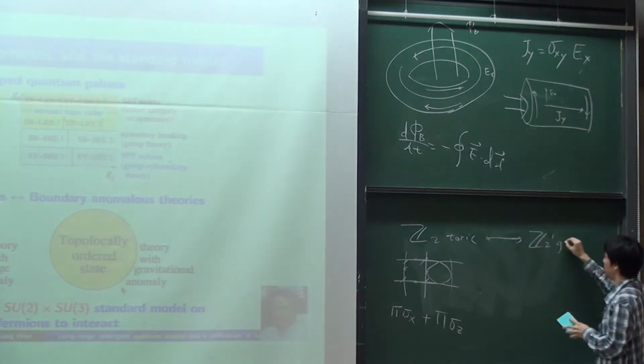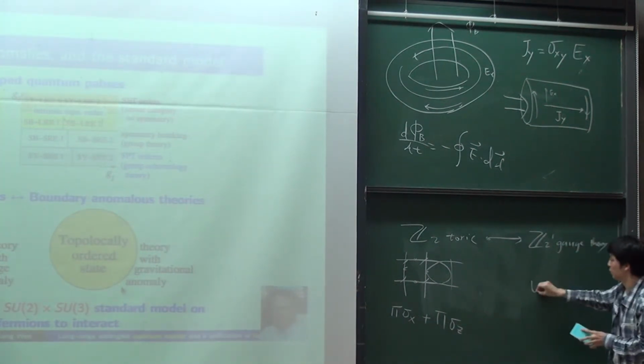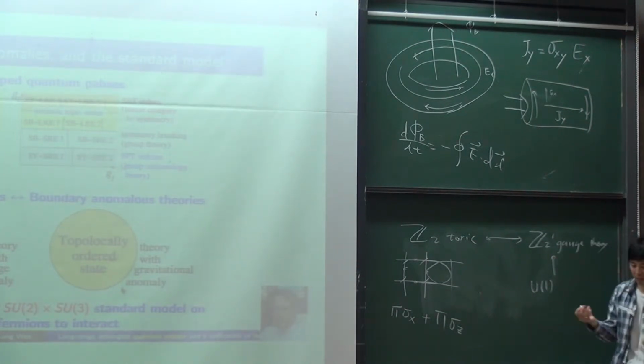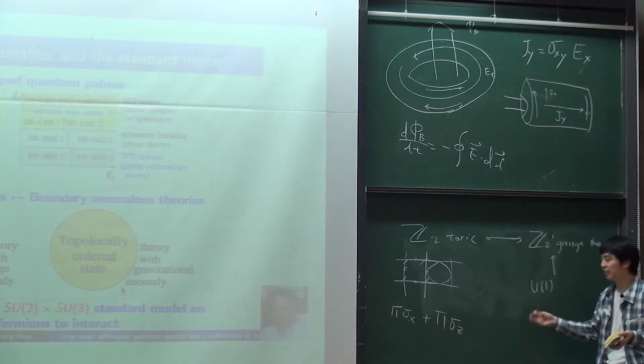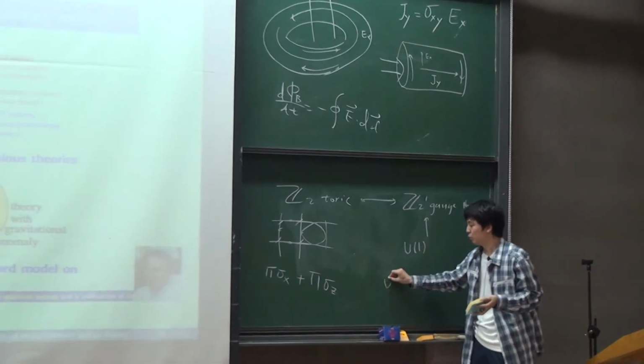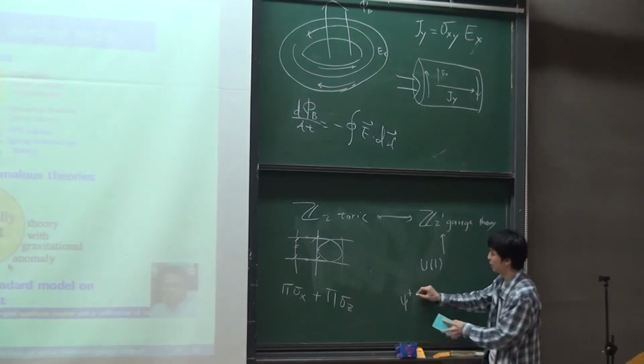And the Z2 gauge theory can be constructed by breaking down the U1 by some Higgs term. This is very similar to what you study about superconductors, because a superconductor exactly adds the term to make the U1 symmetry break down to Z2. If you remember, the superconductor has this kind of term, with some Hamiltonian or coupling.